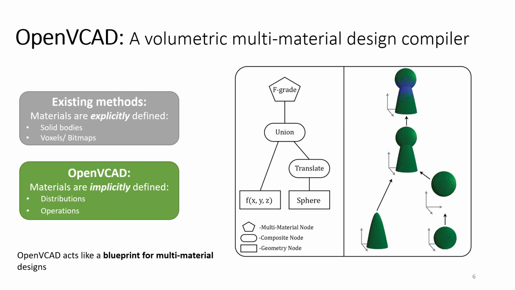We can translate, rotate, scale those around. We can perform Boolean operations to combine those into a single composite object. And then the real magic of OpenVCAD is within the multi-material nodes. These allow us to actually use mathematical expressions to describe how the materials should be comprised in the object.